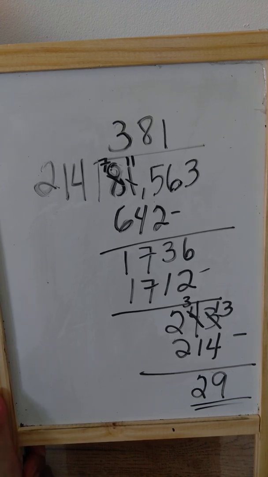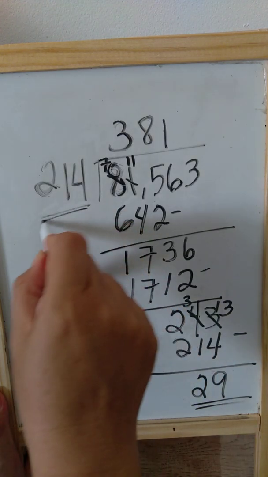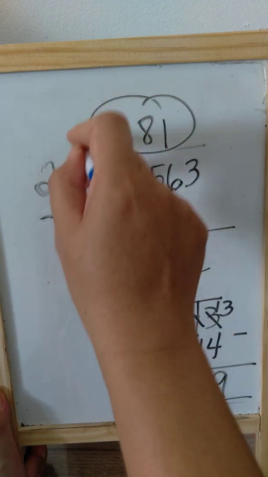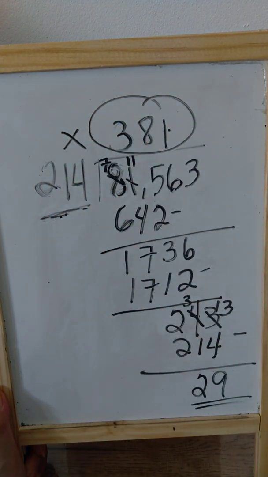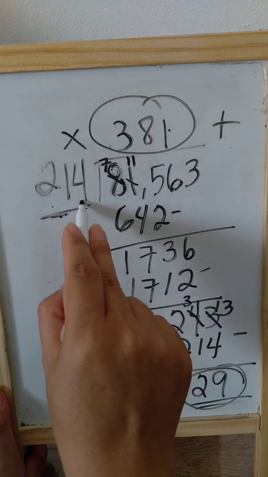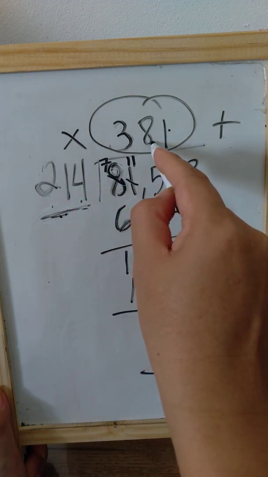To check the answer, we have to multiply the divisor, which is 214, to the quotient, 381.